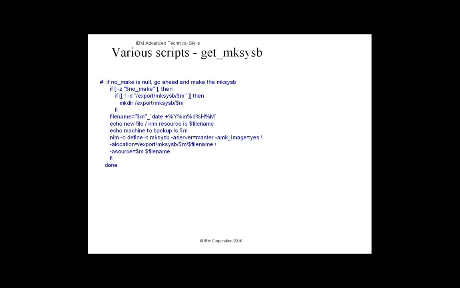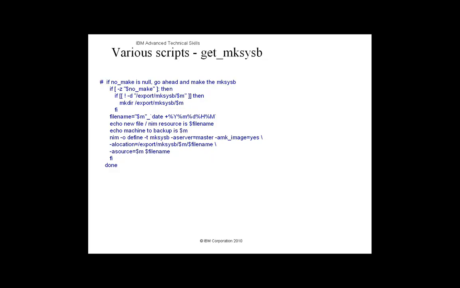And on the next stanza, on the next page, we look at no make. If no make is null, then we're going to go ahead and take the makesThisBe image. And you see me setting the file name there. Well, I'm going to check if there's a directory for the client down /export/makesThisBe/client name $M. If it doesn't exist, I'll create it.